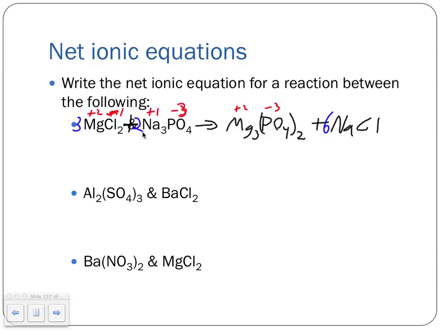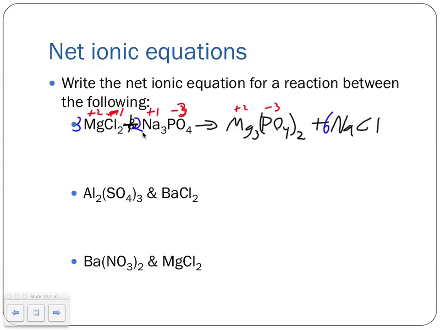Now, what we want to do next is look at the net ionic equation for this reaction. To do that, we have to ask which of these are going to be soluble in water, and therefore break up into ions, and which aren't. Just taking a look at this, we can identify that all of these substances should be ionic right off the bat. We don't know if they're soluble or not, but we do know they should be ionic because magnesium and chlorine have sufficiently different electronegativities.